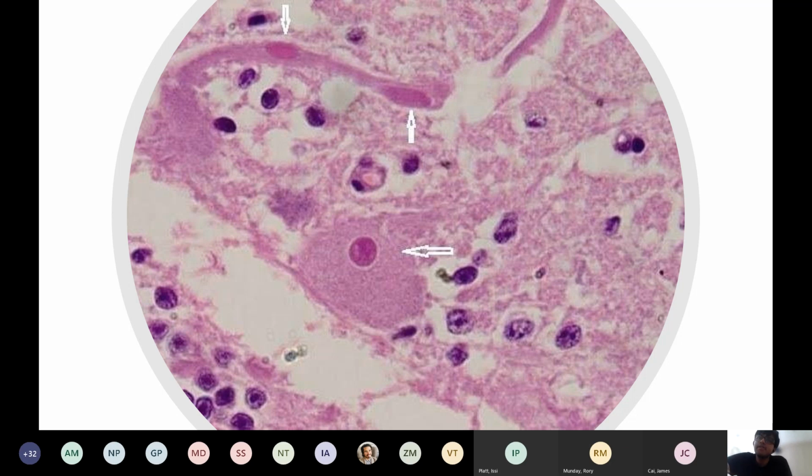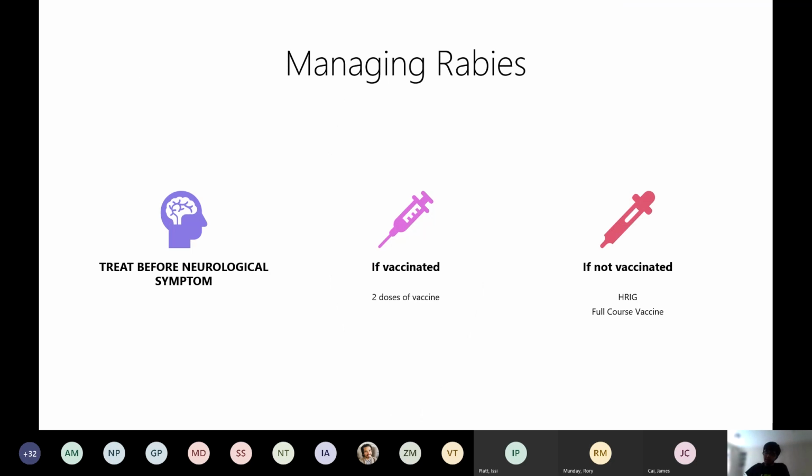So that's rabies. How do you manage rabies? Assuming that they've not had their onset of neurological symptoms, because you can't manage it then. It depends whether or not they've had the vaccine. Absolutely, that's exactly what it depends on. Again, I'm harping on about it, but it is important.